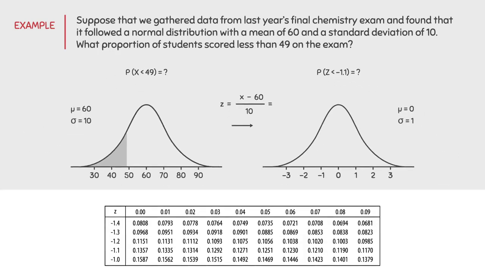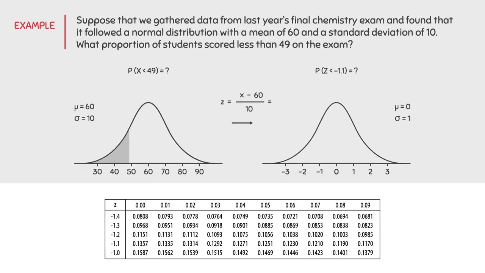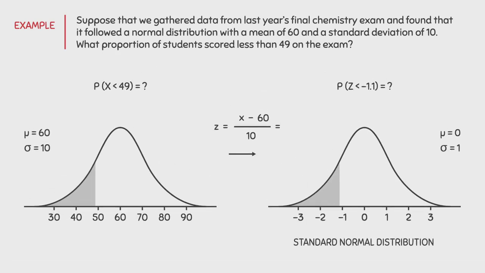And finally, we can use the z-score table to determine how much area is associated with this z-score. According to the table, there's an area of 0.1357 to the left of this z value. This means that the proportion of z less than -1.1 is 0.1357. This value is in fact the same proportion of individuals that scored less than 49 on the exam. As a result, this is the answer.